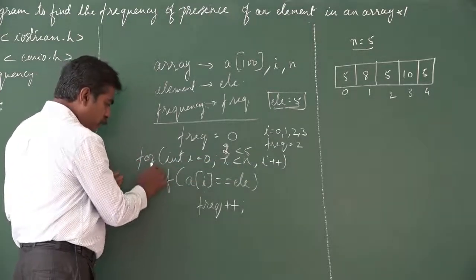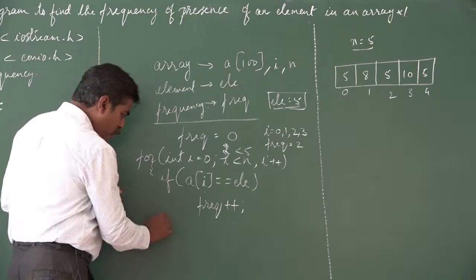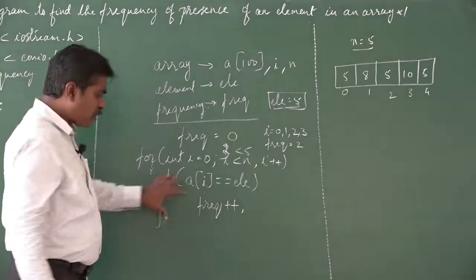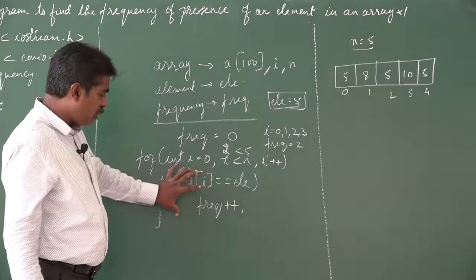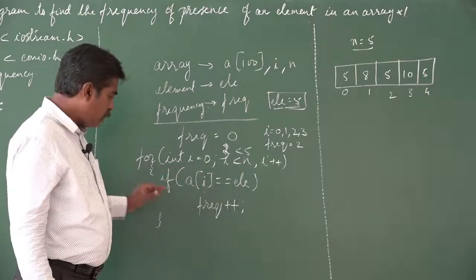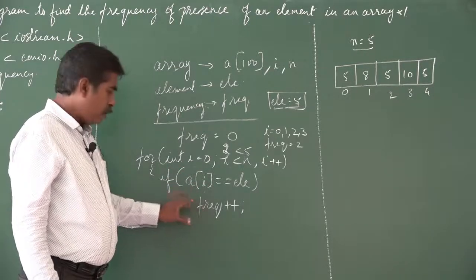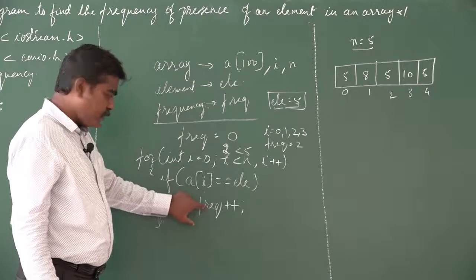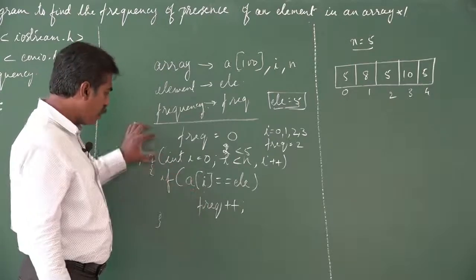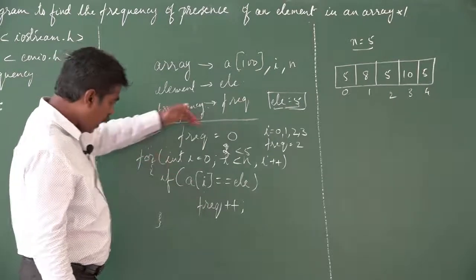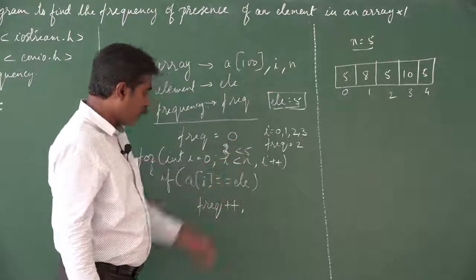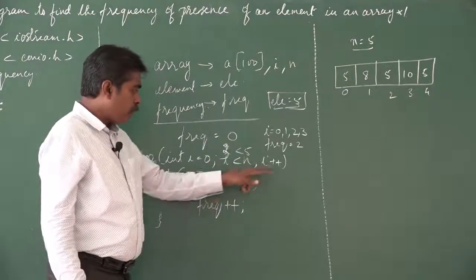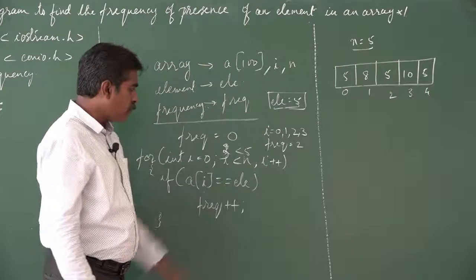If you want to use curly brackets here, you can, but a minimum of one statement should be there, because the if clause requires at least one. The if clause and frequency make one single statement for the loop. As it progresses, I plus plus becomes 4.